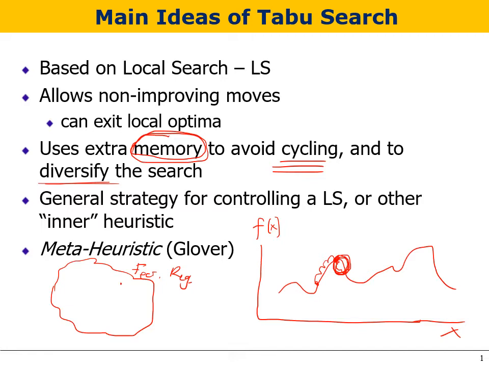If you make the search only in a restricted region of the search space, if you do not visit the other sides of the search space, then this search is not a very good one, and most probably you will not be able to get very good results. In order to obtain good results, the search should be able to visit all parts of the search space. This phenomenon is called diversification. And by the use of memory, Tabu search satisfies diversification.